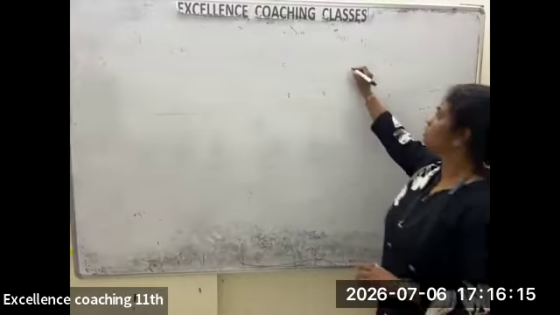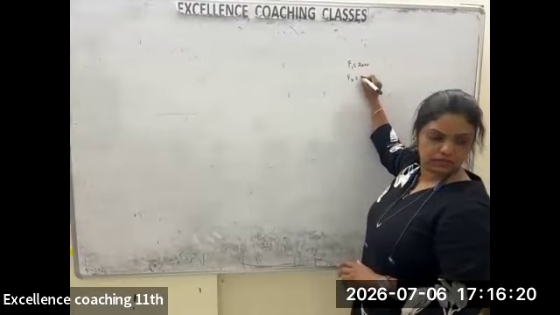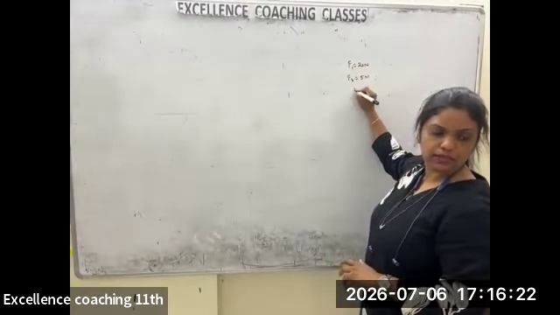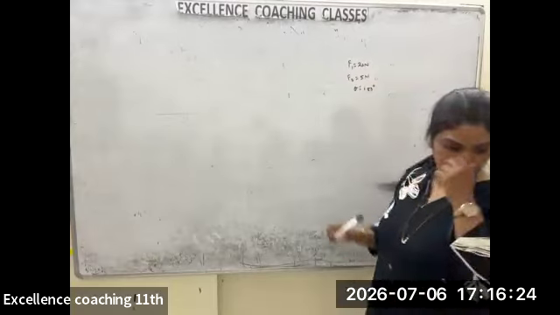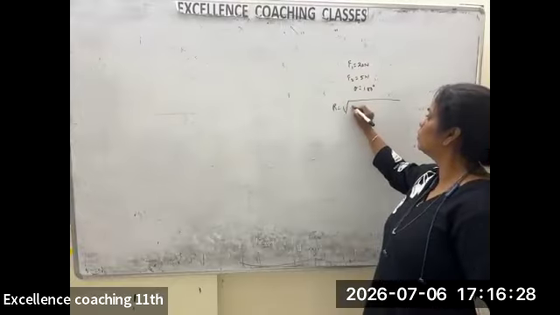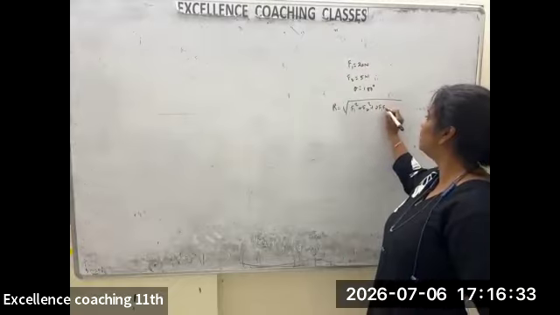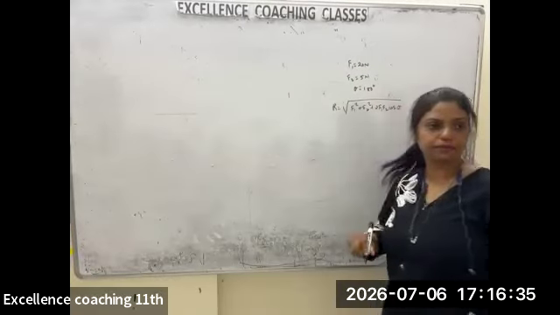So there are two forces. F1 is 20 Newton, F2 is 5 Newton. Angle is 180 degrees. You have to find the resultant. R is equal to root of F1 square plus F2 square plus 2 F1 F2 cos theta.